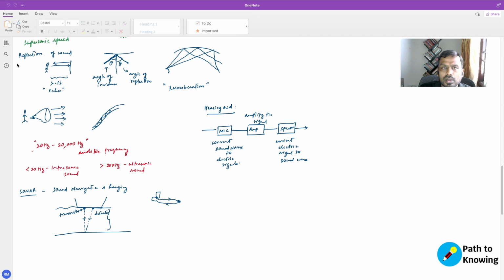Again, ultrasound waves would definitely help, and the way you would employ that is this: think about a huge iron block, and you emit ultrasound waves from one side, and let's say you have reflectors on the other side. If there are no cracks, it should hit the reflectors and come back to the original spot.